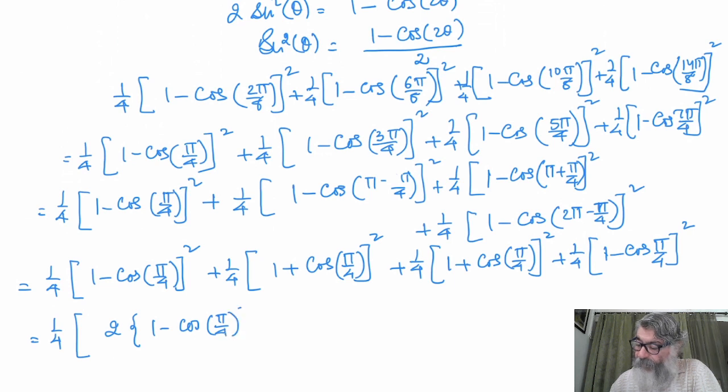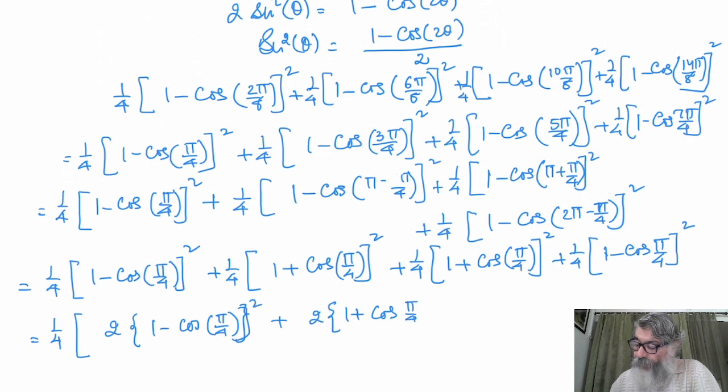Similarly, it will become 2 into 1 plus cos pi by 4 whole square.